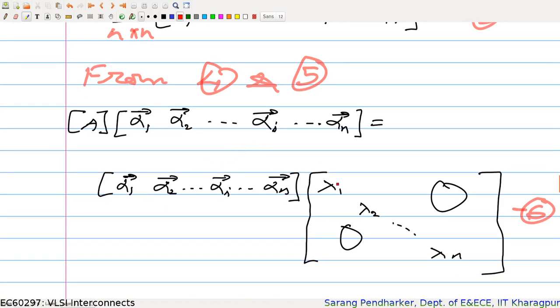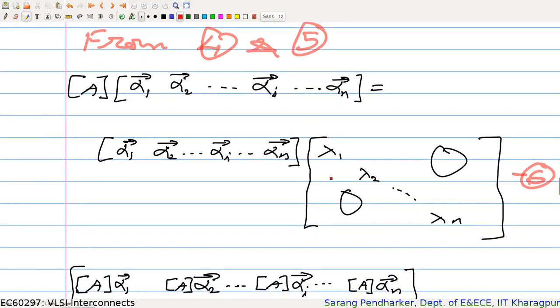Now note how am I imposing the constraint that my D is diagonal? I am assuming this form. I don't know what the lambdas are yet, I don't know what lambda 1 to lambda n are. But what I know is that this is diagonal.